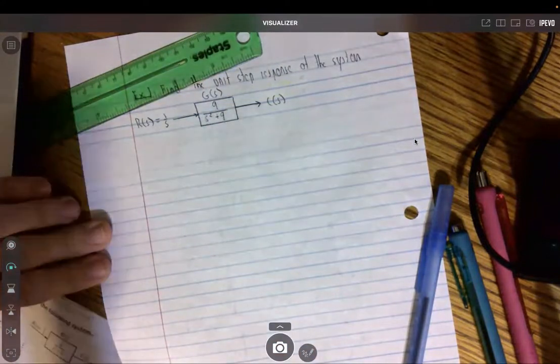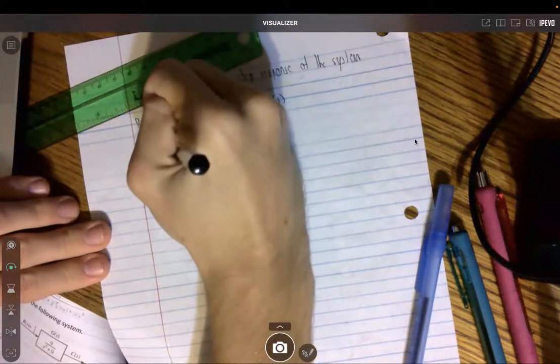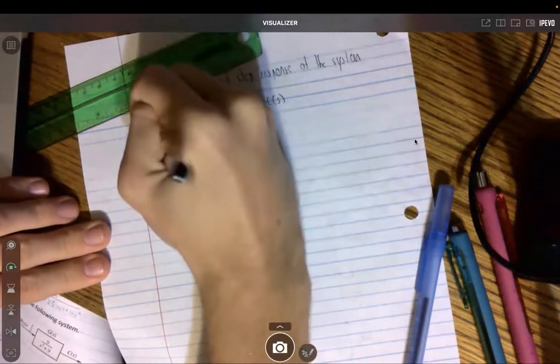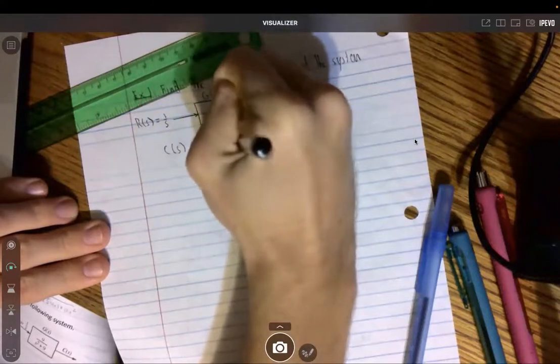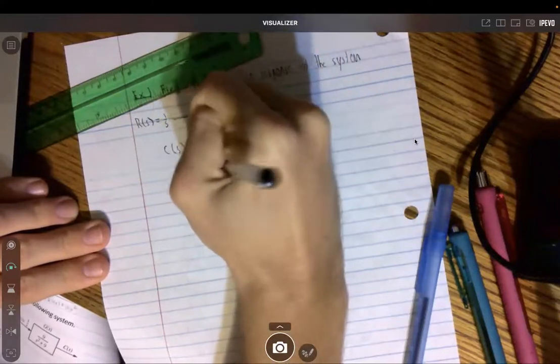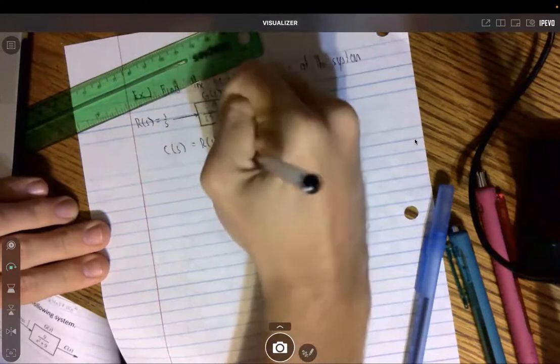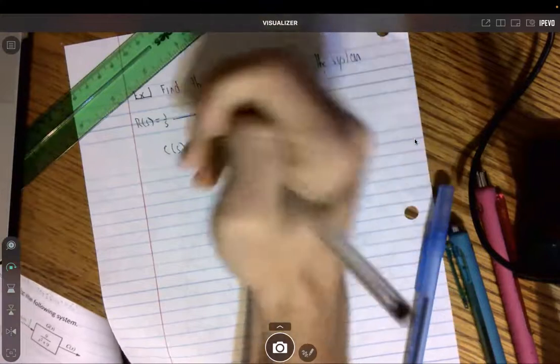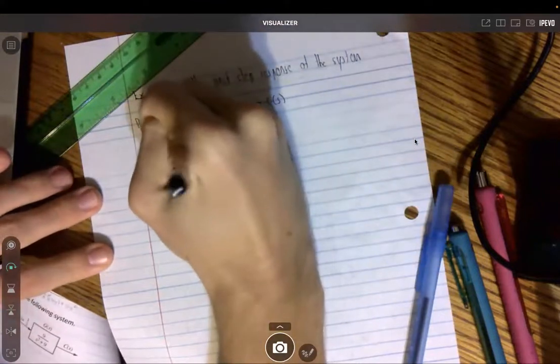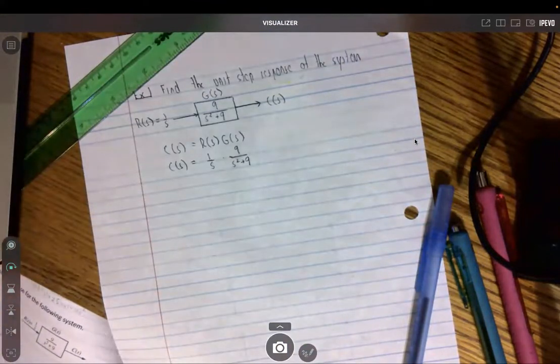And so remember, C of S is equal to R of S times G of S. So this would be our 1 over S multiplied by 9 over S squared plus 9. And so for your C of S, when you solve for this, you're going to have to do a little bit of partial fraction expansion.